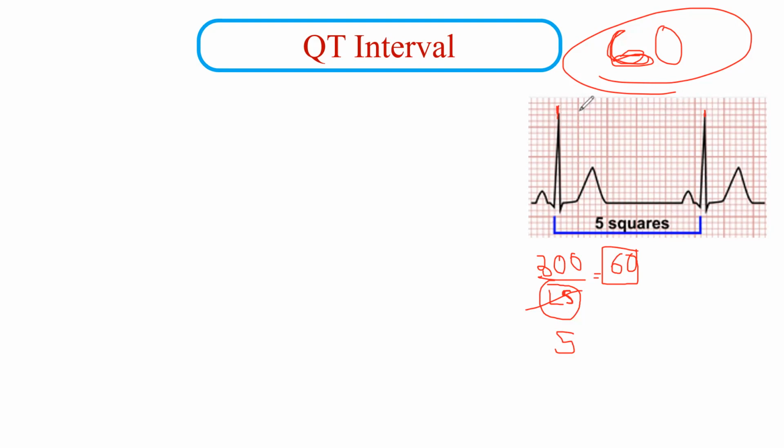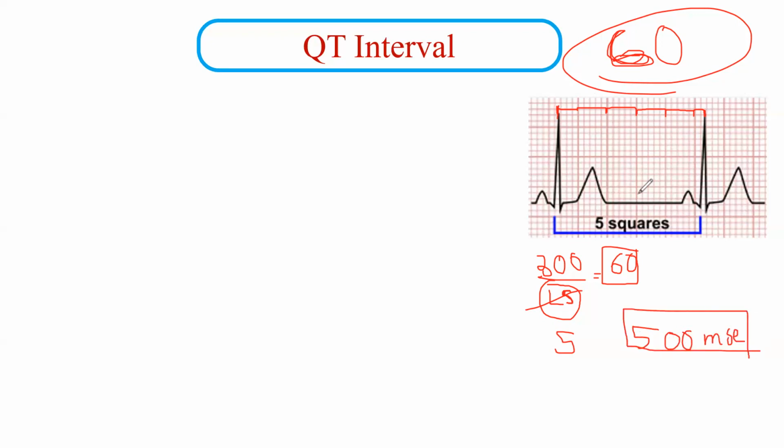I have 1 large square here, 2 large squares, 3 large squares, 4 large squares, and here 1, 2, 3, almost 4 small squares, and 1.5 small squares here. So I have a total of 5 large squares between these 2 R waves. Okay. Now, we said that torsades de pointes risk increases after 500 milliseconds.